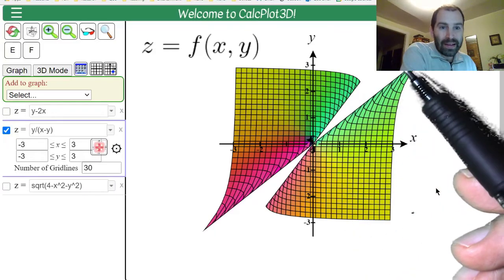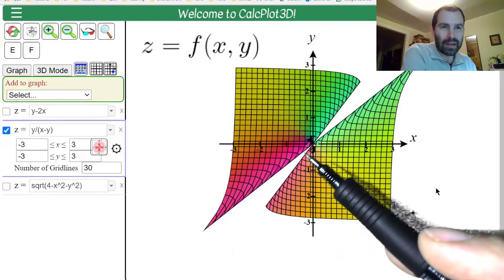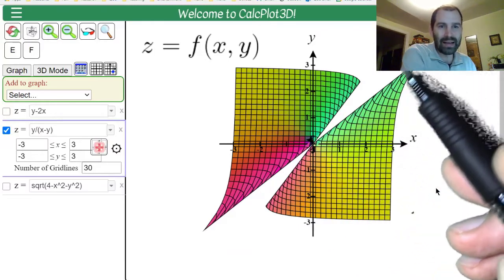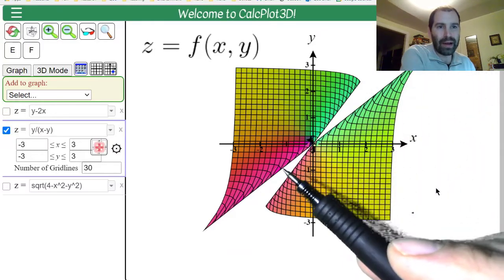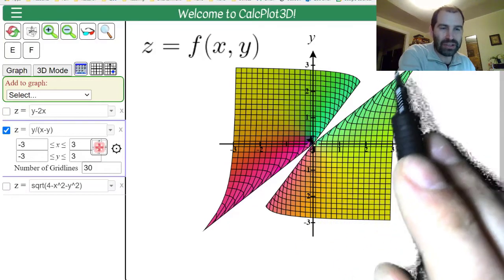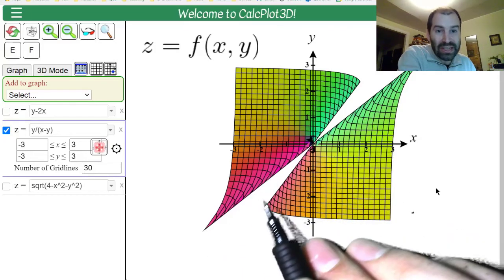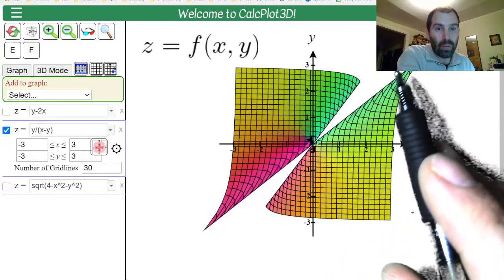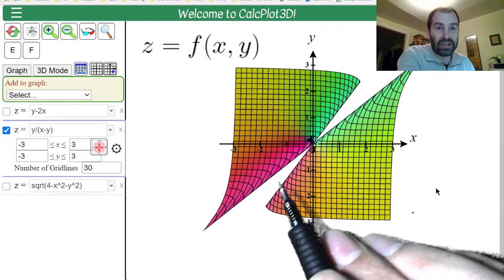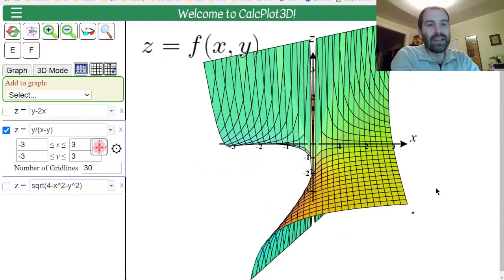And you can see there's this line here. Now, the computer graphics software is not super precise, so it has a bigger gap than actually exists. Okay, but what we do see evidence of is the line y equals x right here, and we can see there's an issue. Now, what's going on? If I tilt this thing down, oh, I can see exactly what's going on.